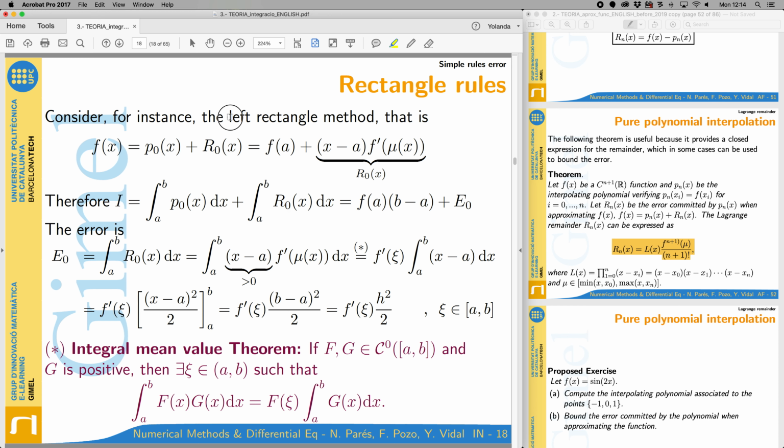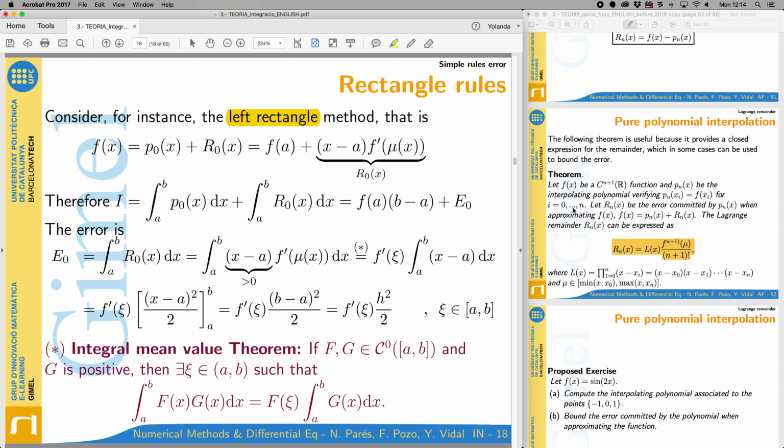If I assume that I'm using the left rectangle method, that means that the constant value used for this constant polynomial is f of a. Then I will write down the Lagrange remainder, and in order to do that, I will use this slide. Who is going to be n here?